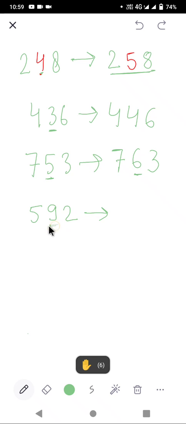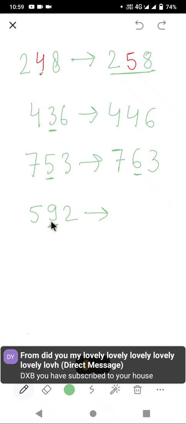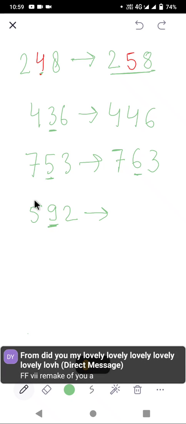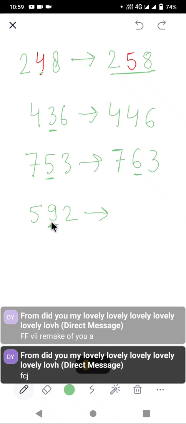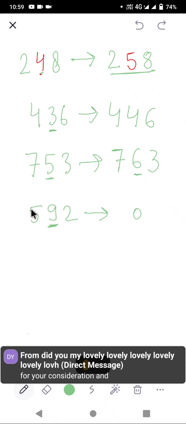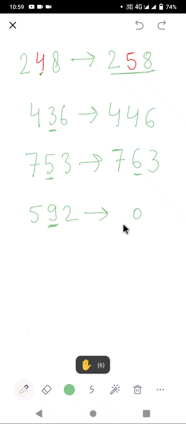At the tens place we'll write 0, and the 100 place digit will become 6. The ones place digit will remain the same, so it will be 602.